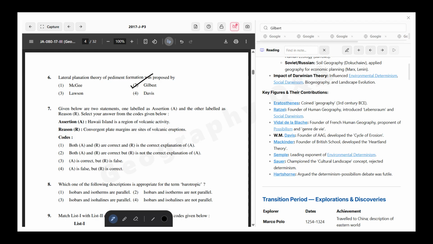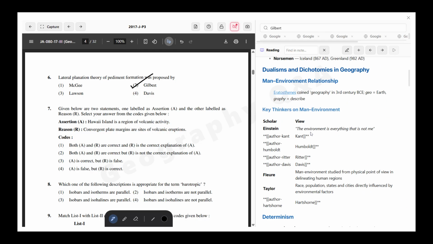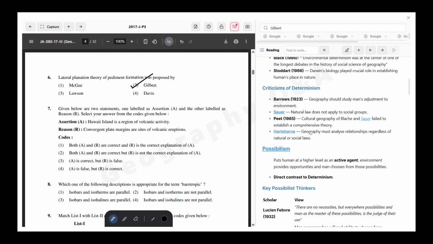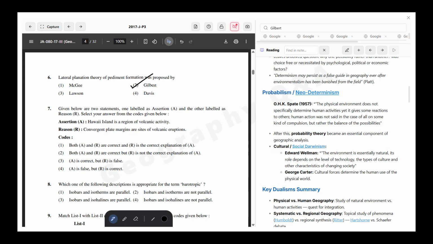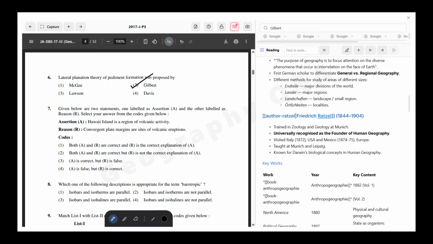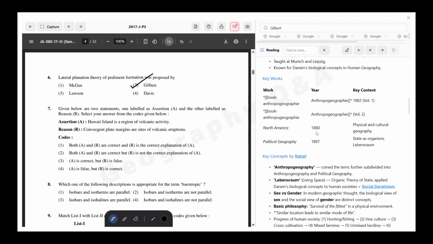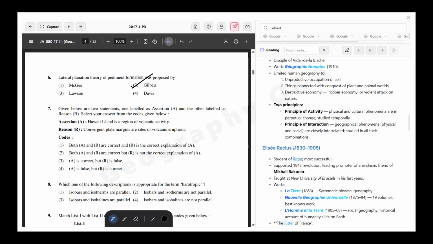William Morris Davis, founder of the AAG. Then Sample, Hudson, Humboldt, Ritter, Sample. There are a lot of things there.